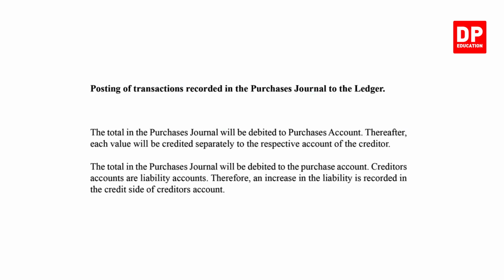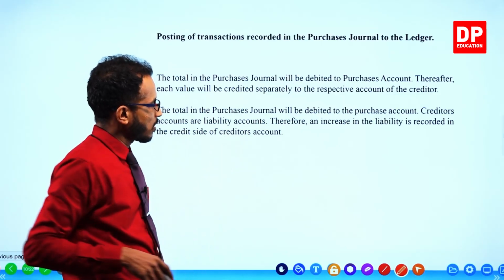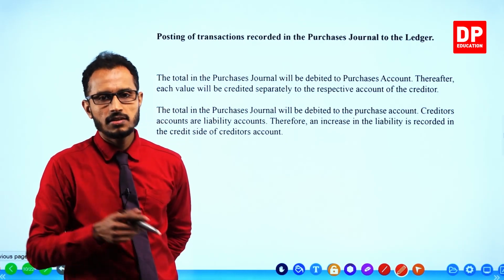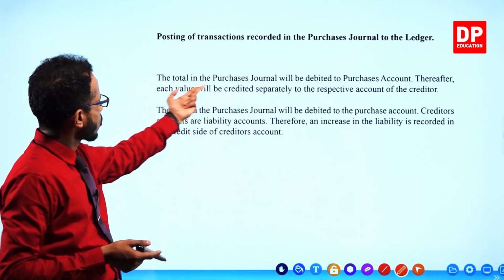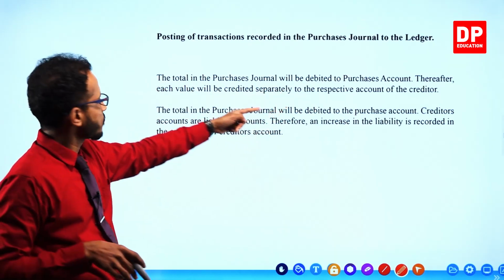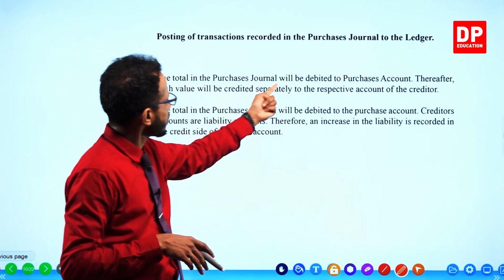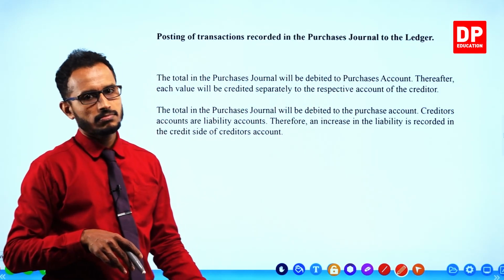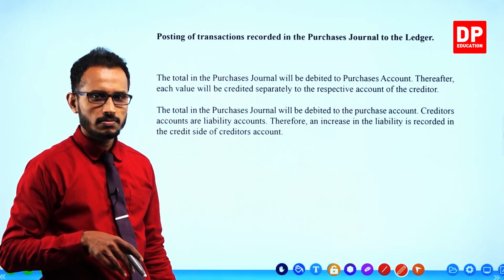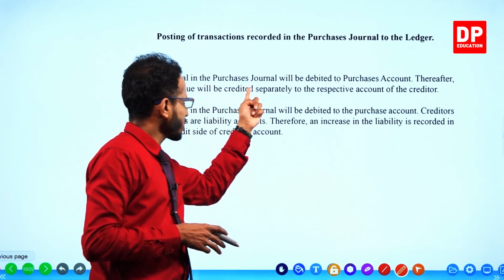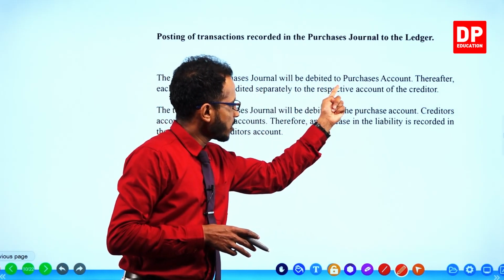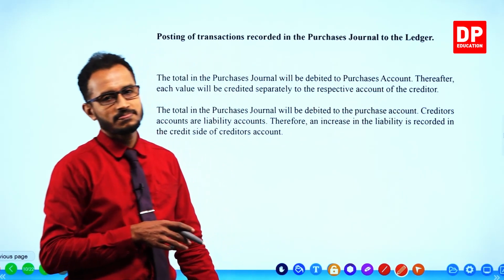Let's see. Posting transactions recorded in the purchase journal to the ledger. They have again explained how the ledger accounts should be created. Let's go through it very quick. Total in the purchases journal will be debited to the purchases account.